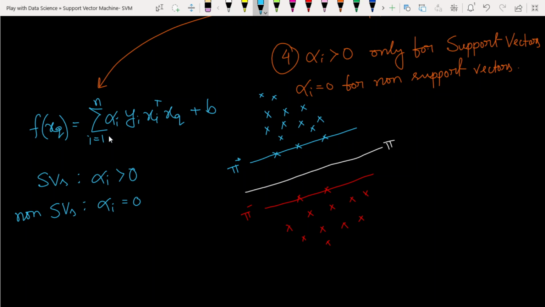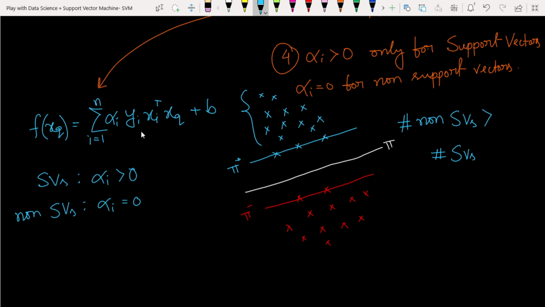In runtime complexity, in our data set the number of non-support vector points is greater than the number of support vector points.